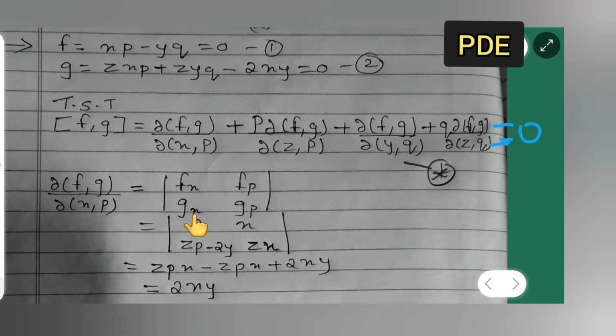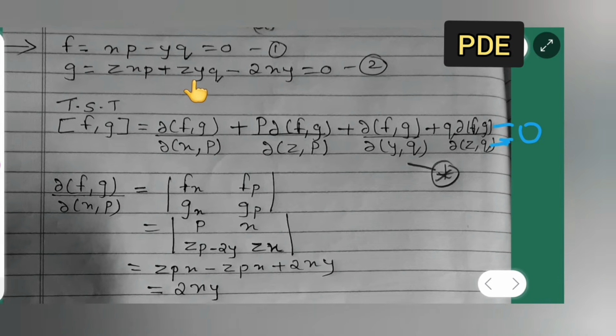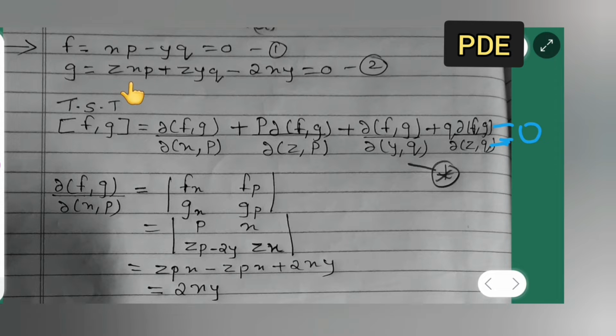Now differentiate g with respect to x, it is zp minus 2y, sorry, zp minus 2y. Then next, differentiate g with respect to p, what you are going to get? Nothing but zx, right? Plug the value over here.